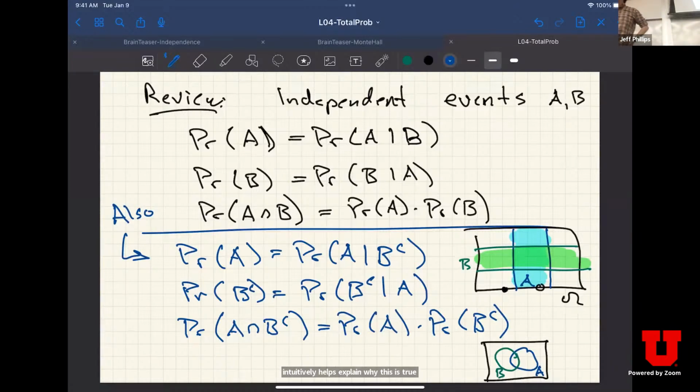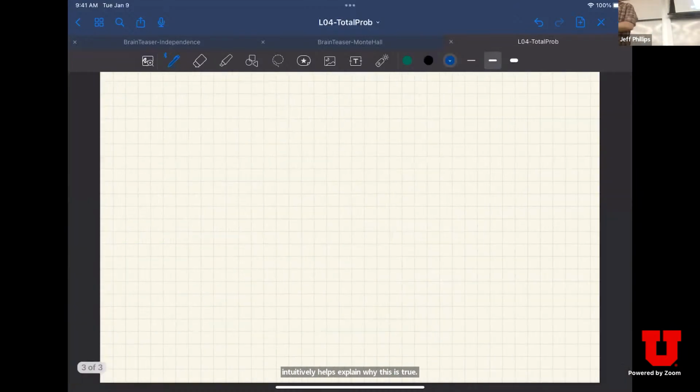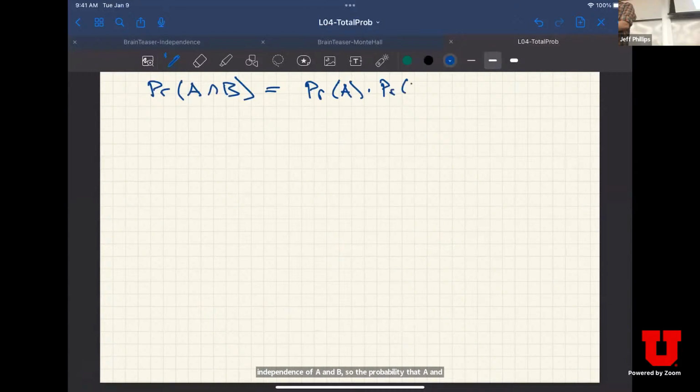Let's go and derive it just with some formulas. We're going to start with the definition of independence of A and B. So the probability that A and B are true is equal to the probability of A times the probability of B. And I'm going to use some equalities to change one side at a time.